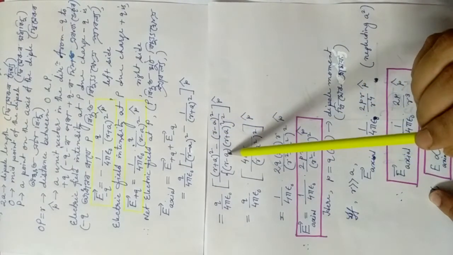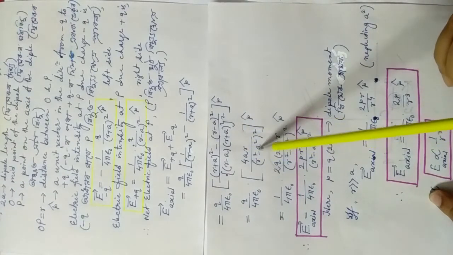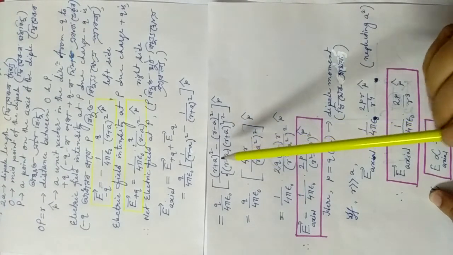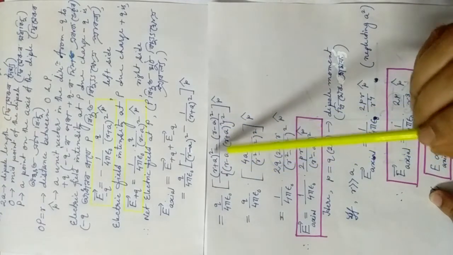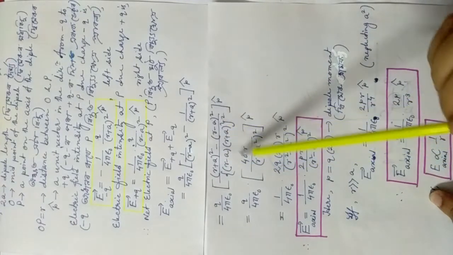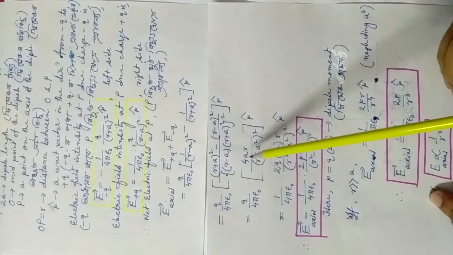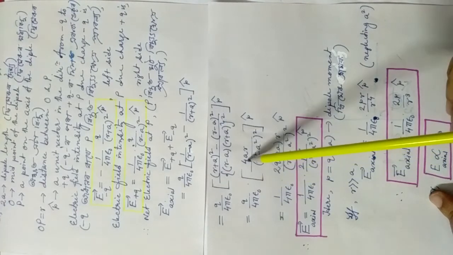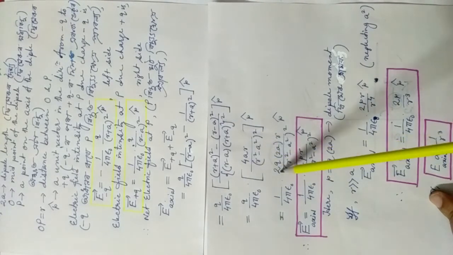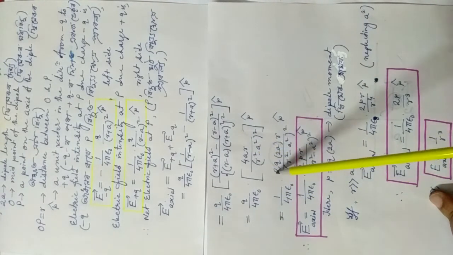Since this is a minus b and this is a plus b, we may write r square minus a square, that is the a square minus b square formula. And this is a plus b whole square minus a minus b whole square type formula, that means 4ab, that means 4ar. And with a little rearranging, this q we have taken here, and 4 means 2 into 2, so we may write q into 2a, and 2 is here.